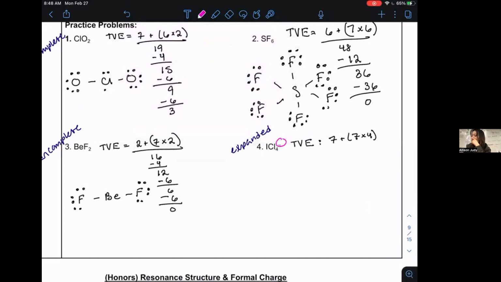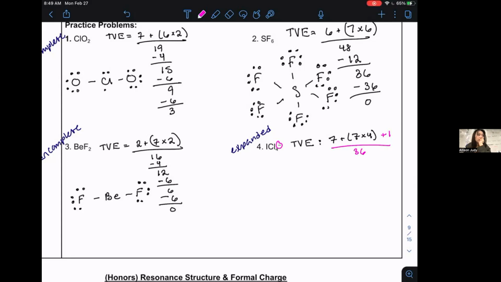I have a 1 minus overall across the entire molecule. So that's like saying for my entire molecule, I have gained 1 extra negative to push my neutral over. So now it's like I've added an electron. So now my total is 7 plus 28, 35 plus 1, 36.